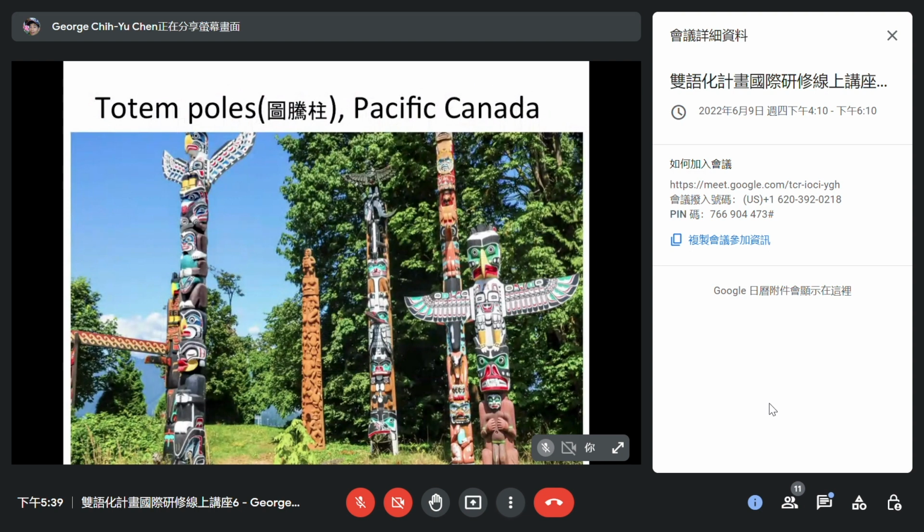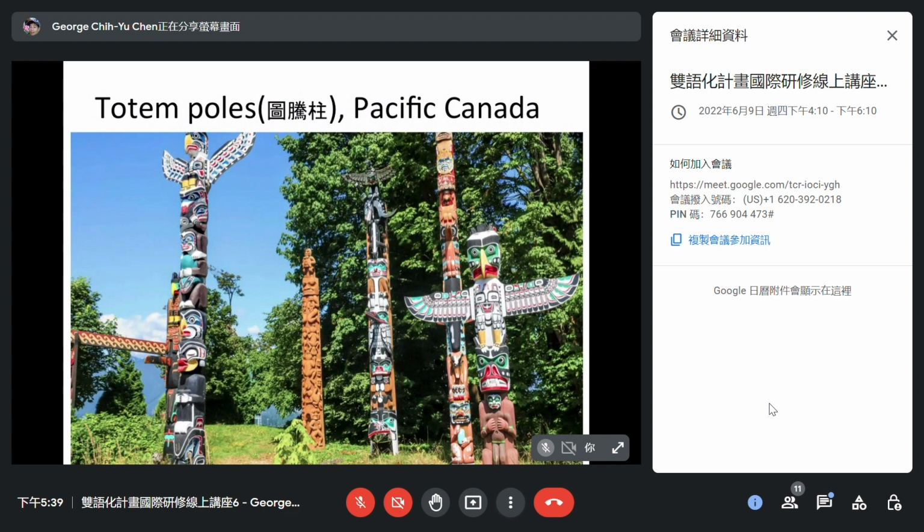We'll go to Canada to look at totem poles. Totem poles in Chinese are called 图腾柱. They are quite common in the northwest of America and Pacific Canada.